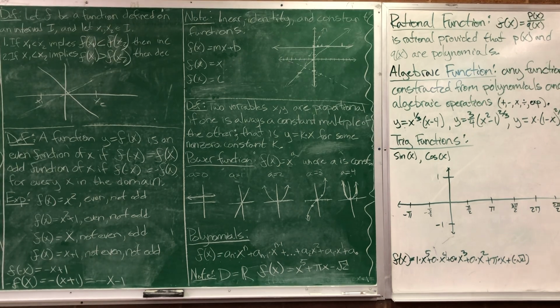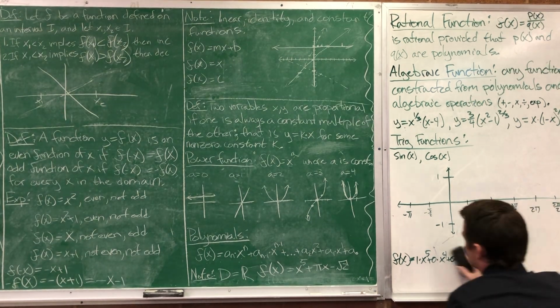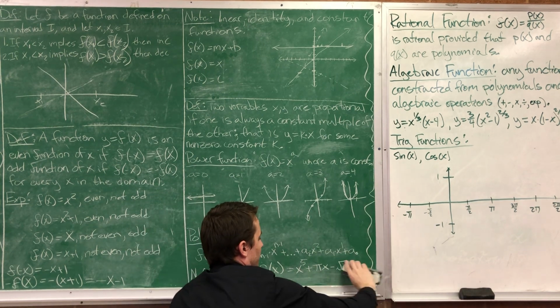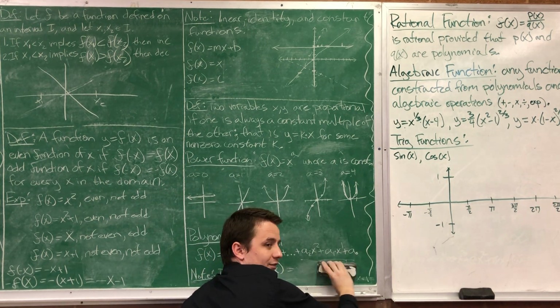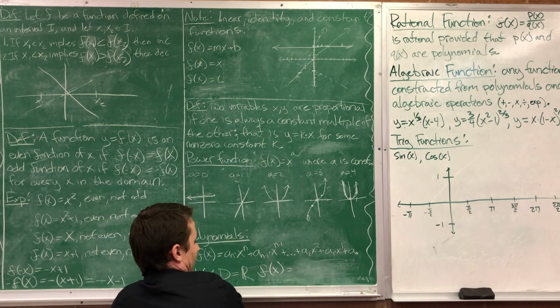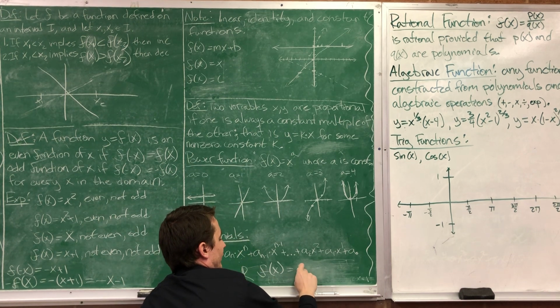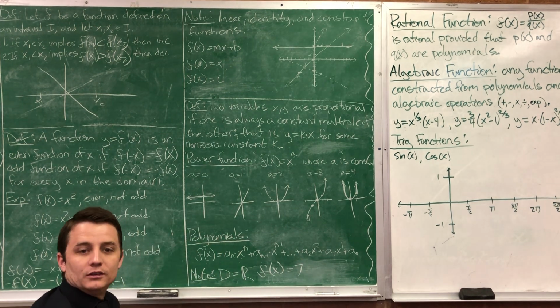Let's do another example. So what is not a polynomial? Well, let's make sure we know a polynomial before we know not a polynomial. Okay, let's look at another one. F of x is equal to 7. Yes.